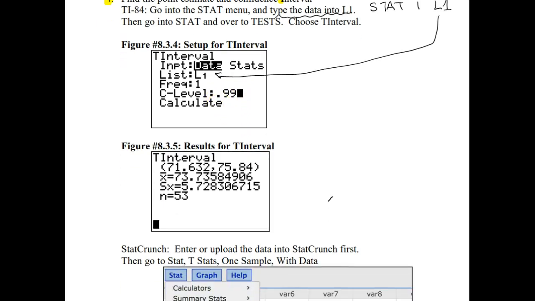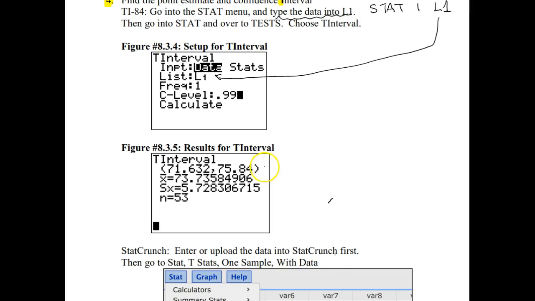and then we'd hit calculate. And again, on the output screen for t-interval, the first thing that we see here is our interval estimate for mu. So that interval runs from 71.632 to 75.84. And the next thing we see is the value of x bar, which is our point estimate for mu.